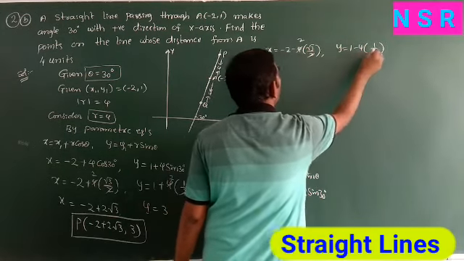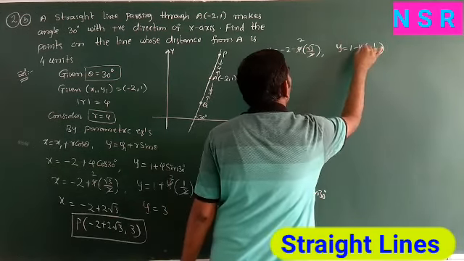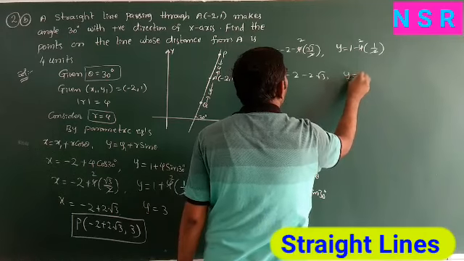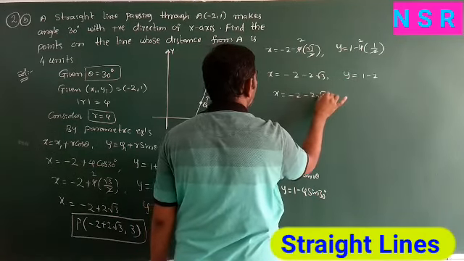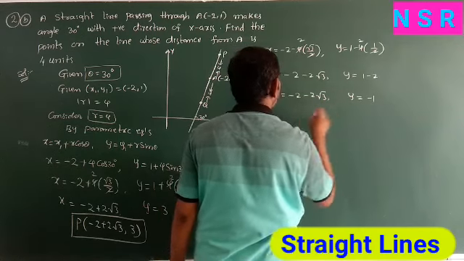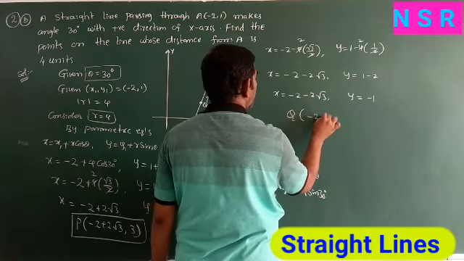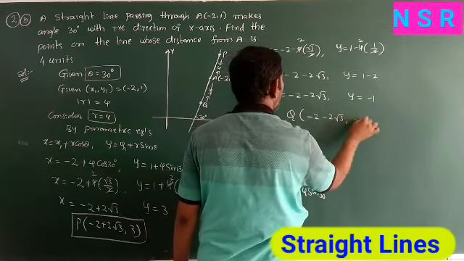Now 2 2s are 4, here also 2 2s are 4: minus 2 minus 2 root 3, and 1 minus 2. So x is equal to minus 2 minus 2 root 3 and y is 1 minus 2, which is minus 1. Now the Q point is (minus 2 minus 2 root 3, minus 1). So these are the P and Q points at a distance of 4 units from the point A on the line.